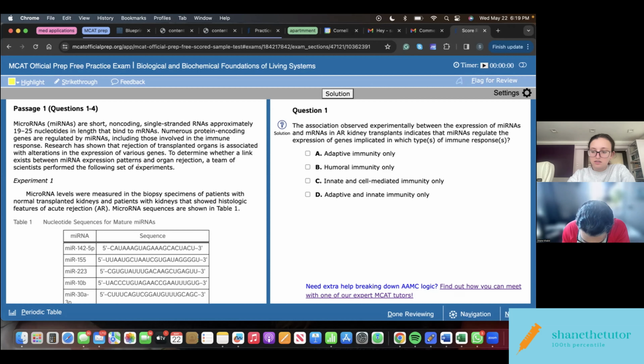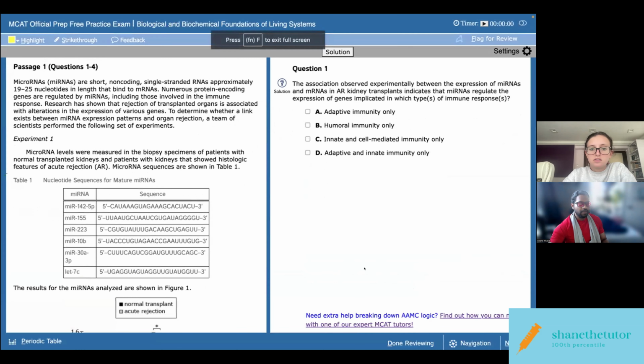So we can write these relationships out. Actually, let's see if you could zoom out a little bit more. Oh yeah, that's perfect.